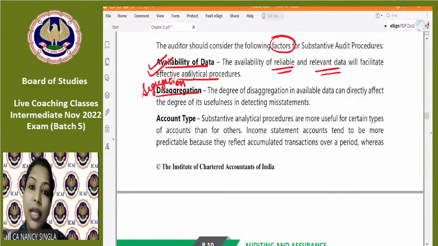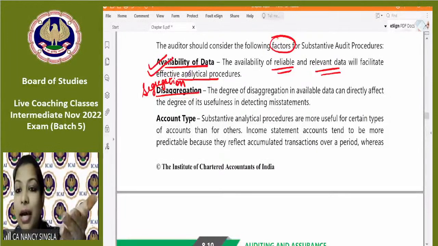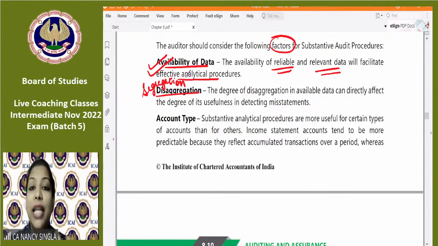The auditor has the bifurcation of the total expenses of his client, but he does not have the bifurcation of the total expenses of the industry. So the data is not disaggregated, that is, not segregated.